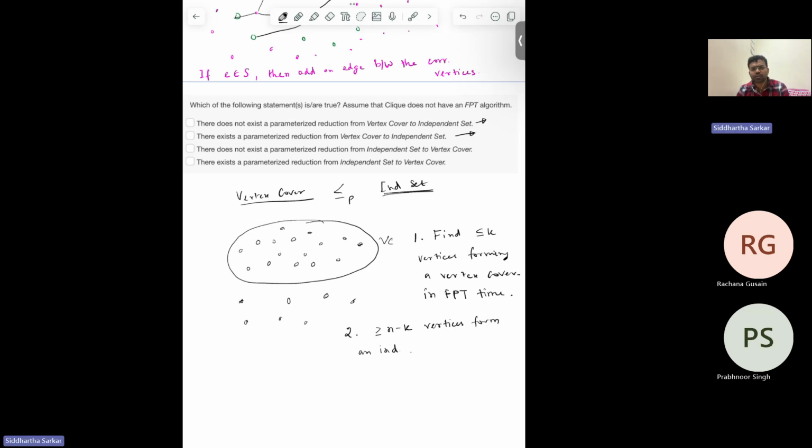All right. So now how shall we construct this graph H such that it has a set of k isolated vertices?